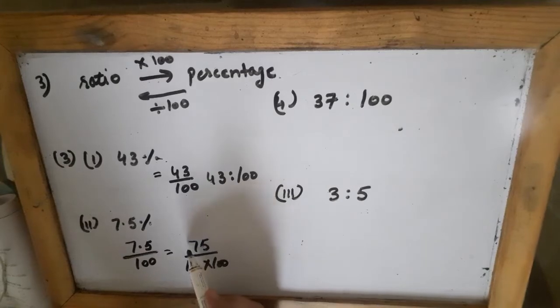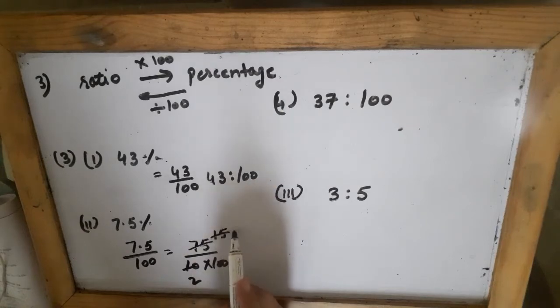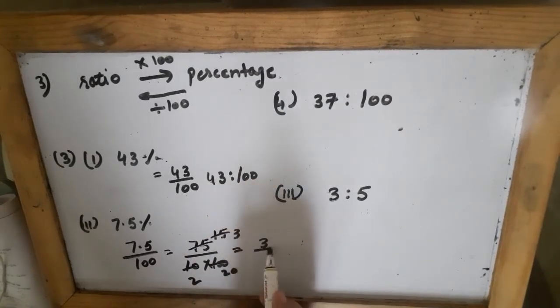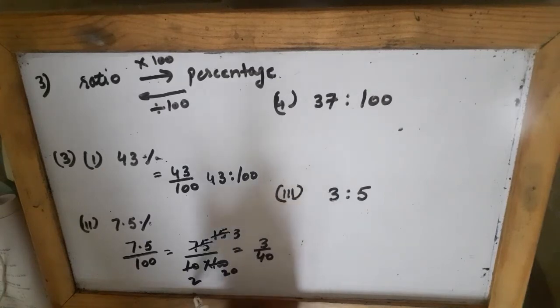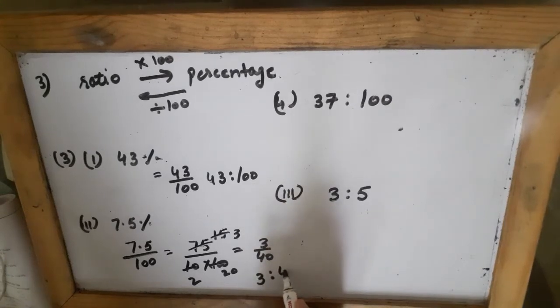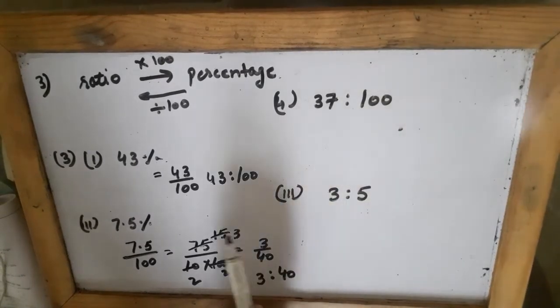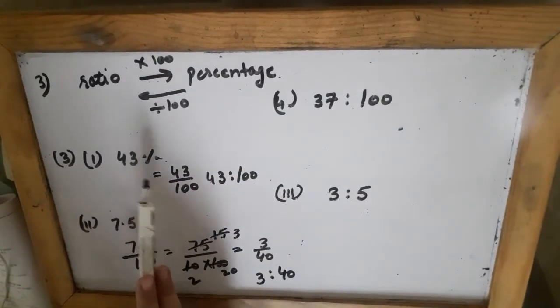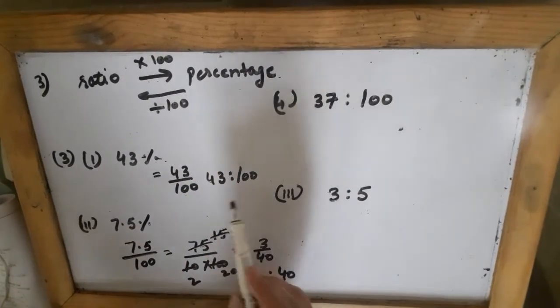Now I can reduce this on the table of 5, 5 5s are 25, 5 2s are 10, 5 3s are 15, 5 2s are 10 and 0, so this becomes 3 upon 40. 3 upon 2 20s are 40. And how to write this in the ratio form? I can write as 3 is to 40. So this percentage I have converted into ratio.